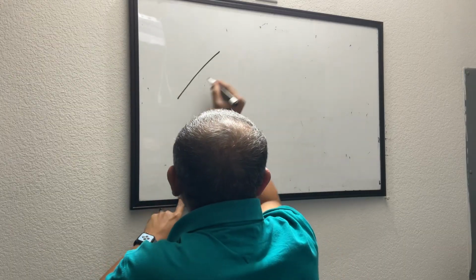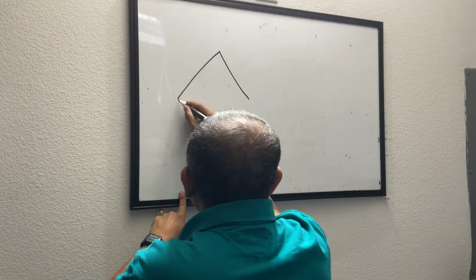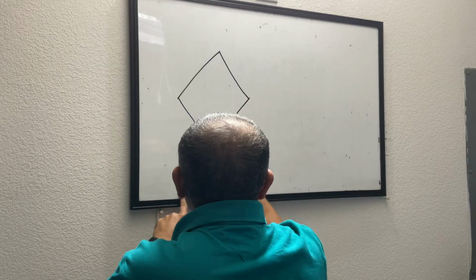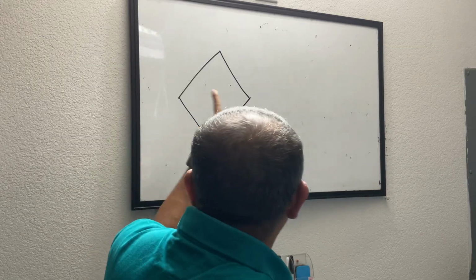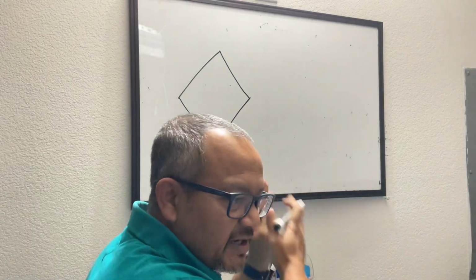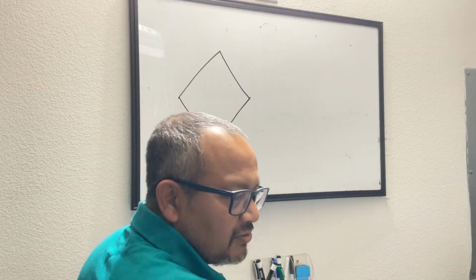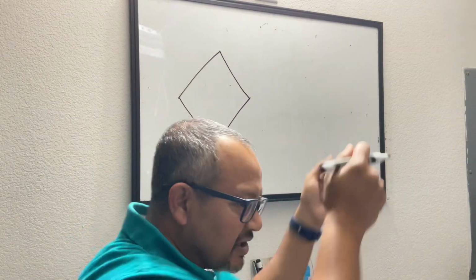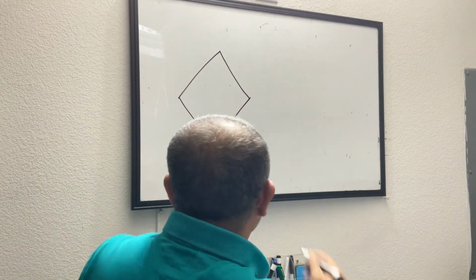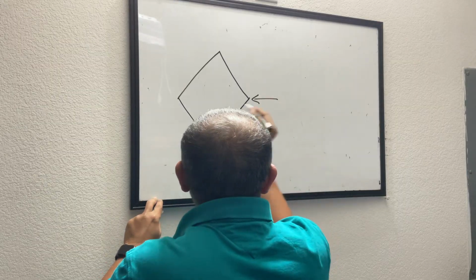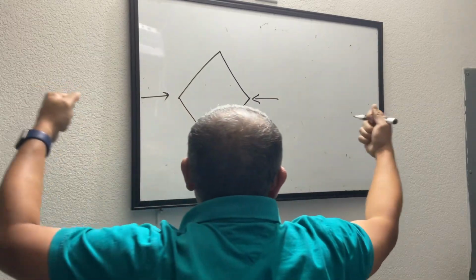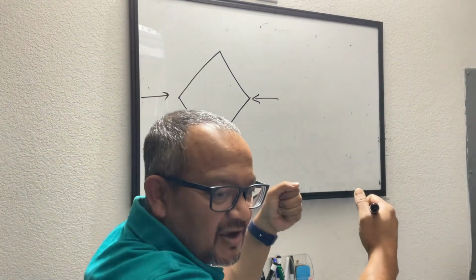So he takes a square. I know I did not do a great job with the drawing, but this is a square. I just rotated it a little bit. And then I'm squeezing it from these two sides. What will happen?